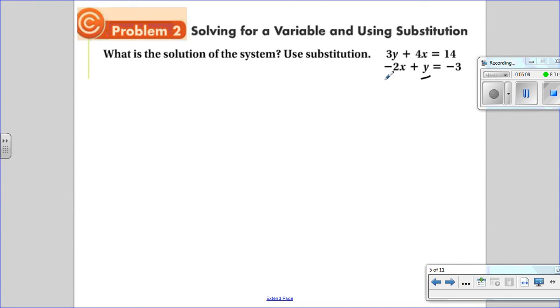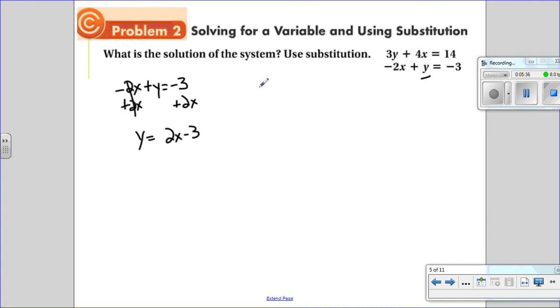So I'm going to take this equation and get y all by itself. So y equals 2x minus 3. Now y is by itself.